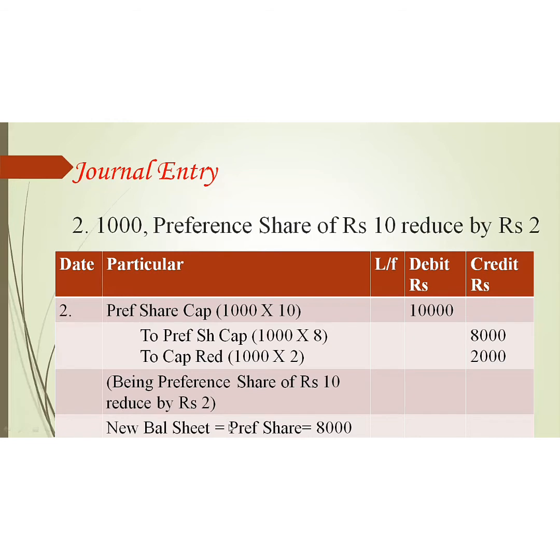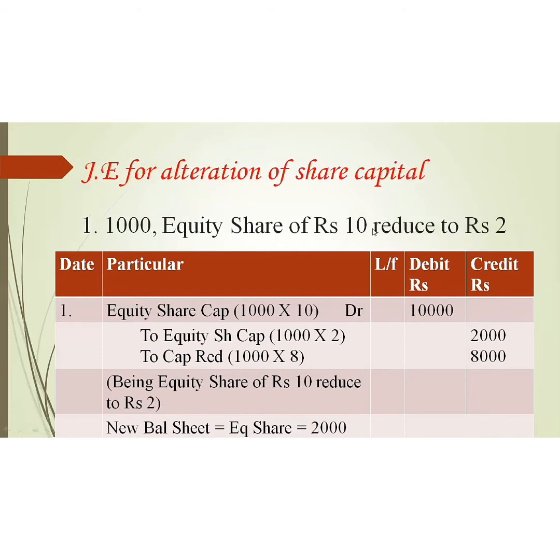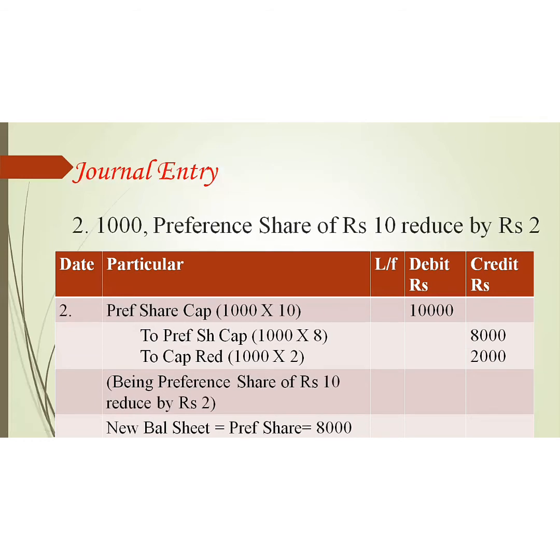And in the new balance sheet, you will have to write the value of the preference share capital as 8,000 instead of 10,000. Here the word was "10 reduced to rupees 2", it means 10 will become 2. And here "10 reduced by rupees 2" means 10 will become 8.